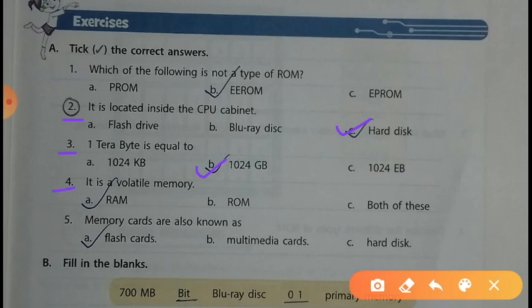Now question number 4, it is a volatile memory. Option A is the right answer. RAM is a volatile memory and ROM is a non-volatile memory. Now question number 5 is, memory cards are also known as flash card. Option A is the right answer.